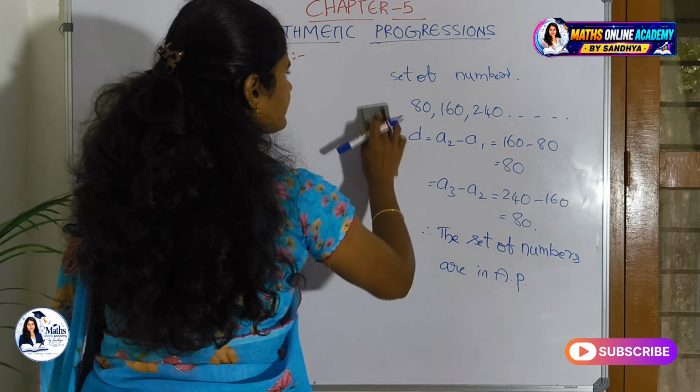For example, this is the first row, this is the second row, and this is the third row. Here 23, next 21, next 19, and so on.